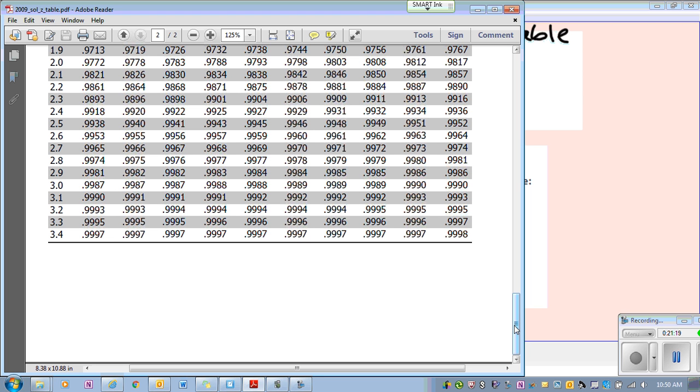Look at your first column. The first column is 0. So when there's 3.2, you see how that one's 0? So 0, 1, 2. What's that one? 0.9994. Okay?